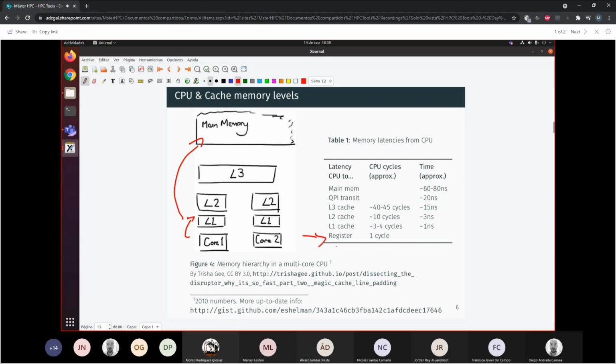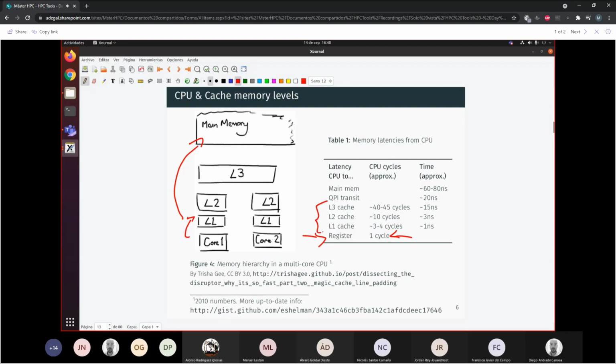In the case of the register, it's not even measured in terms of time. It's just one cycle of the processor, okay? Because it's instant, it happens at the speed of the processor. When you access the cache, depending on the level of the cache that you access, you have different latencies, okay?